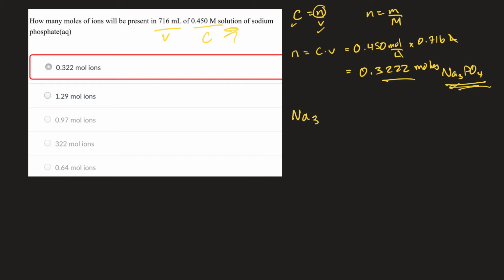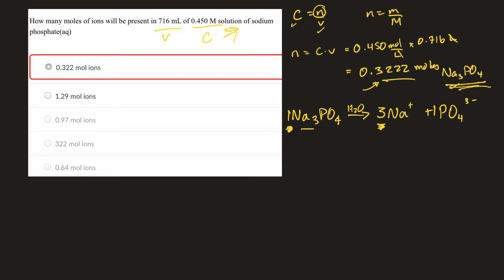Sodium phosphate, if you dump that in water, it'll dissolve into, or dissociate into, sodium ions and phosphate ions. Now, to balance this, there'd be 3 sodiums, so I need 3 there, 1 there, 1 there. So for every 1 mole of sodium phosphate, I have 3 moles of sodium ions. So all I need to do is take this number, times it by 3.